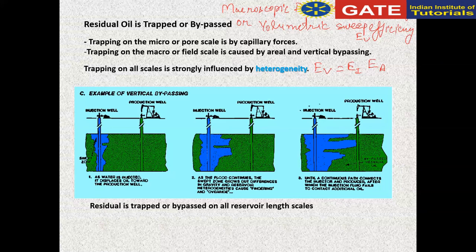Or you can calculate EV using the formula NP by VP, SOI divided by BOI minus SOR divided by BOR. NP is your produced oil displaced.